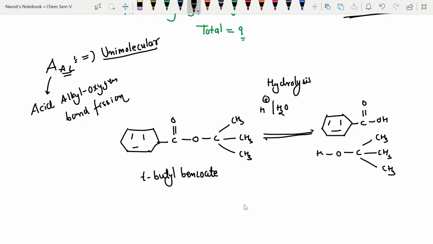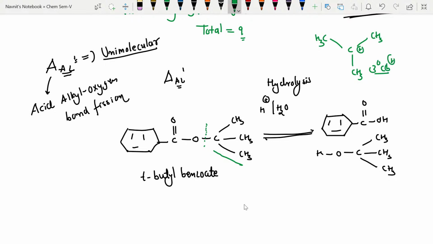So hydrolysis, even esterification, of this type of ester follows the AAL1 mechanism. Because when the alkyl oxygen bond breaks, this will convert into a cation, and it is a tertiary cation.